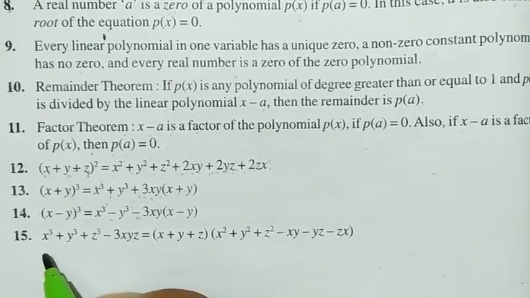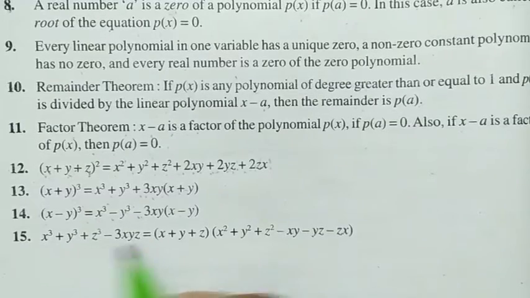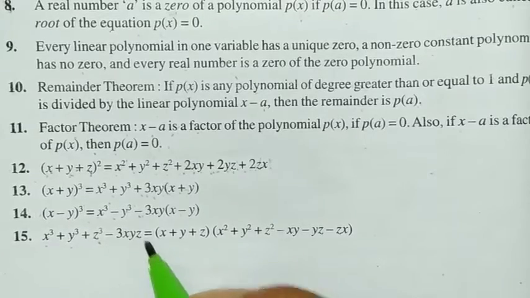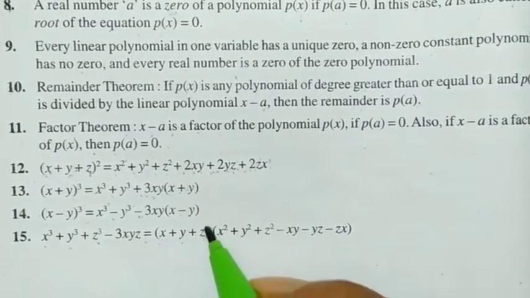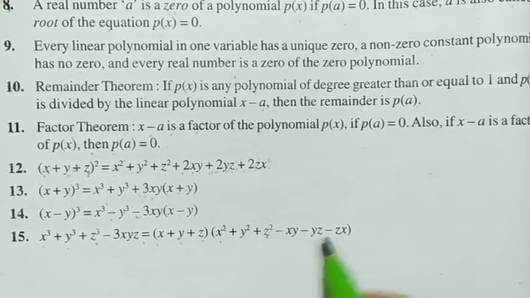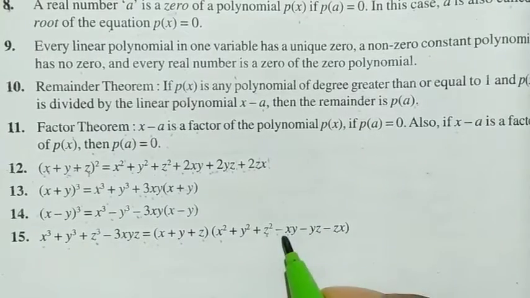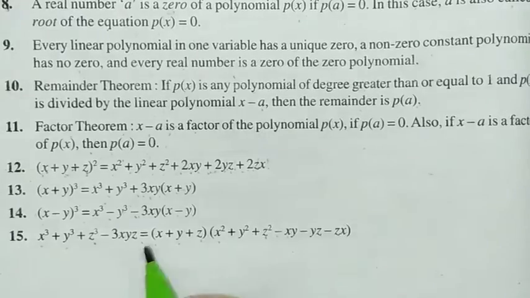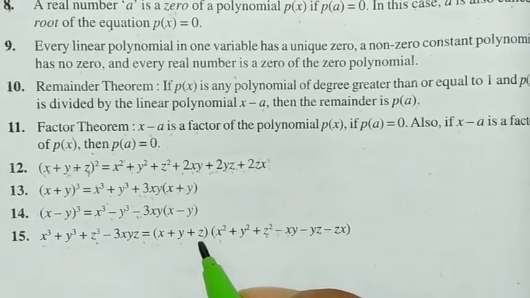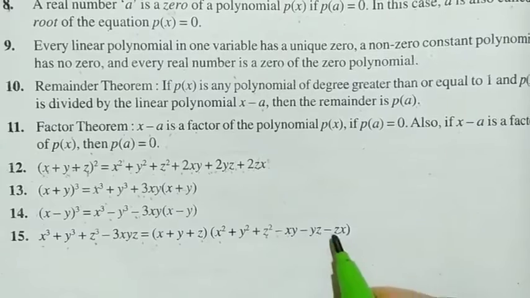The last identity here is very important: x cube plus y cube plus z cube minus 3xyz equals (x + y + z) multiplied by (x square plus y square plus z square minus xy minus yz minus zx).